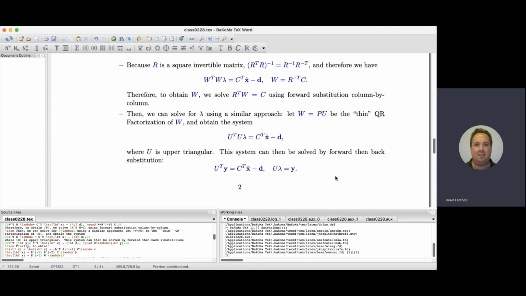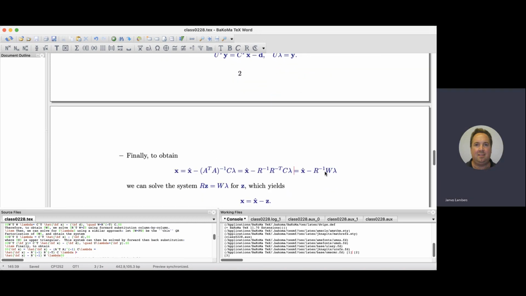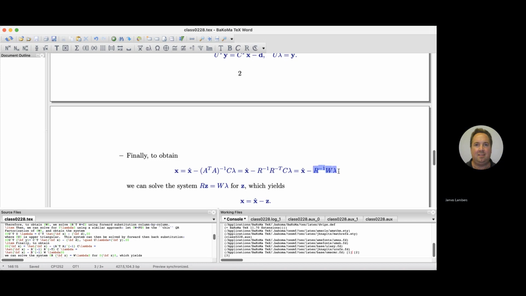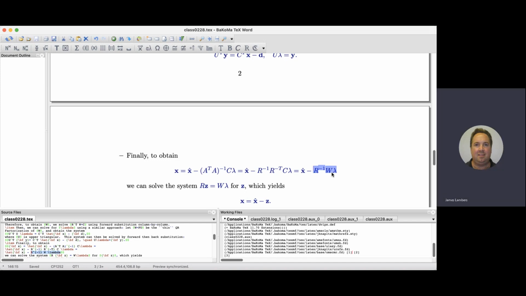That's the definition of W, so we can fill that in here. Now, we don't want to compute this explicitly. Instead, we label this vector z, so then Rz equals W lambda. Whenever you see an expression involving a matrix inverse, you don't compute it explicitly. You think of it in terms of solving a system. Just as the solution of Ax equals b is x equals A inverse b, assuming A is invertible, you use that kind of relationship here too.